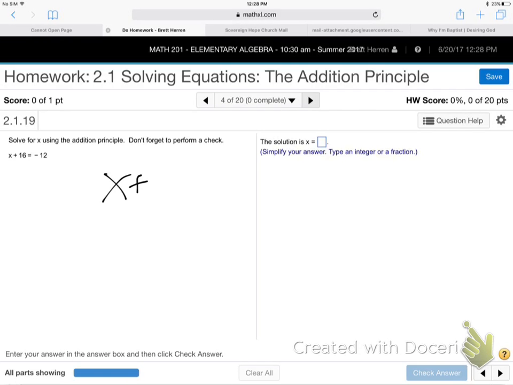Horses. Now, get x alone. So x plus 16 equals negative 12. Do what it takes to get the x alone.